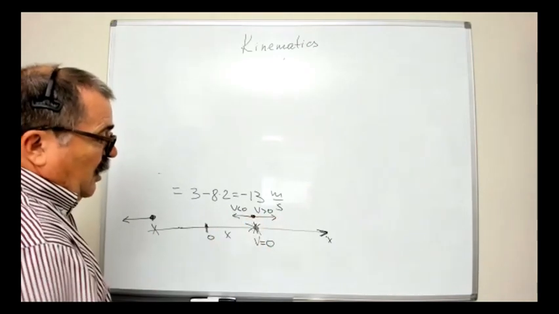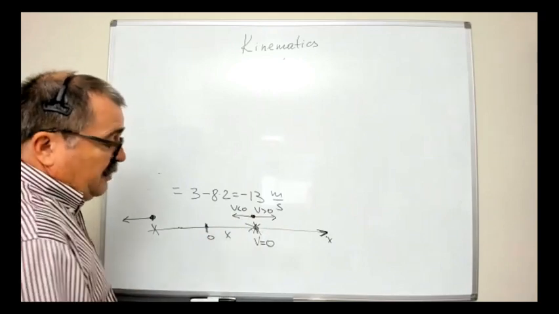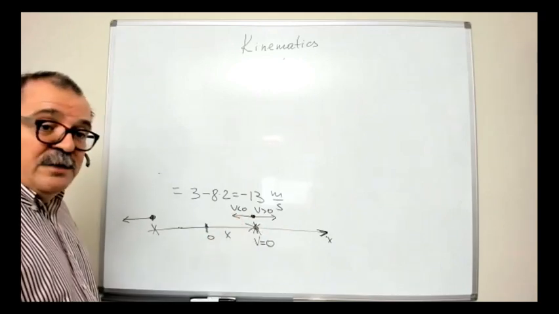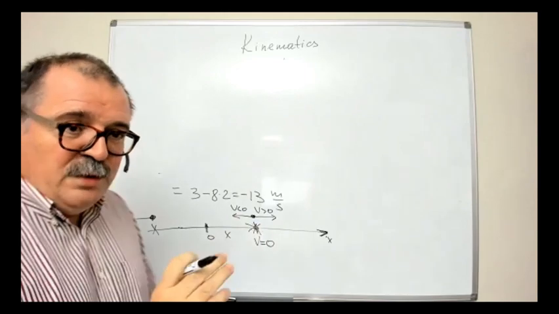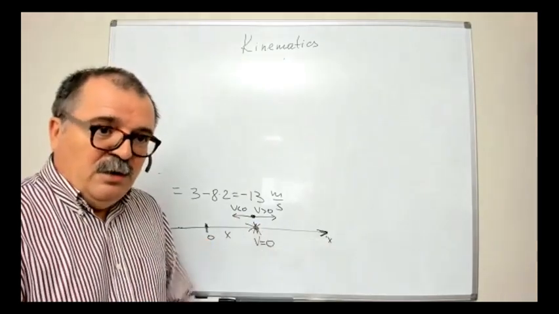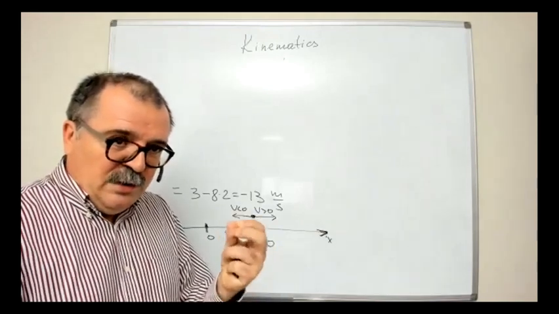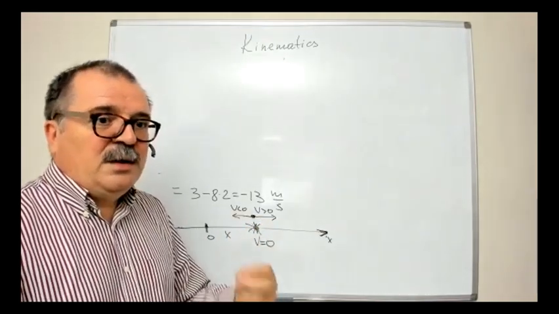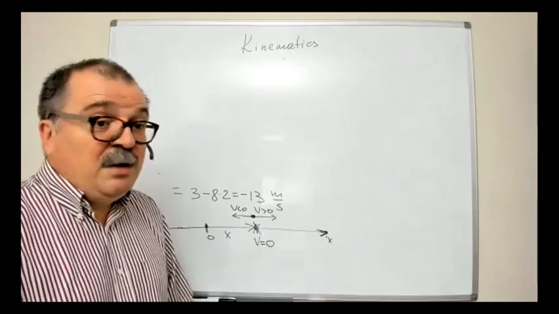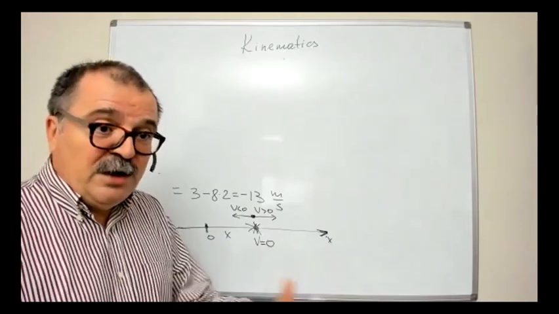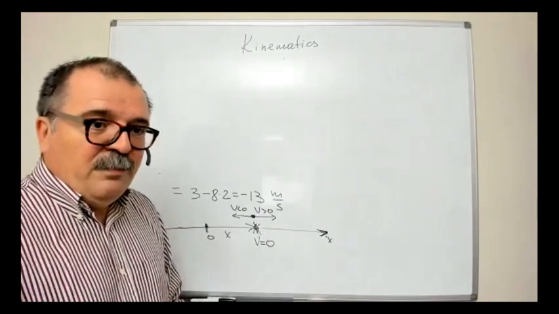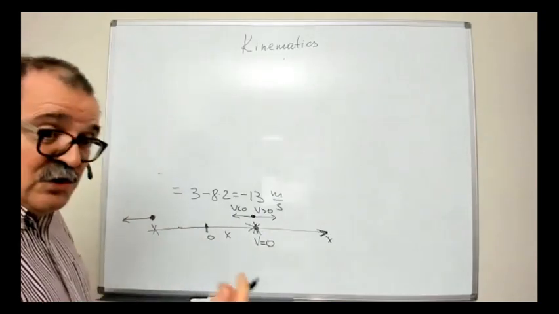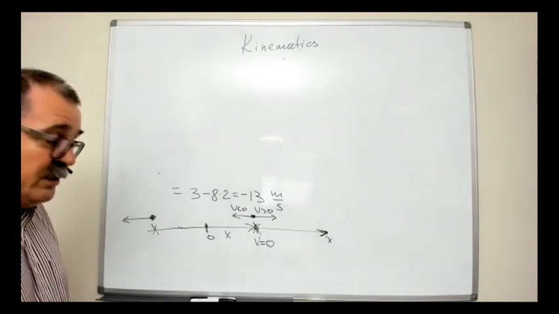Or displacement can be positive and velocity negative, which is another possibility, and so on. So you have to make a separation between the relation and the actual sign of these properties. Despite the fact that they're related, the signs may be different, because they describe different properties of the motion.